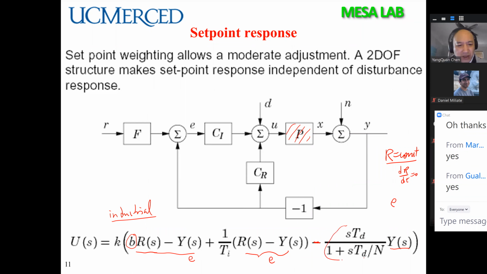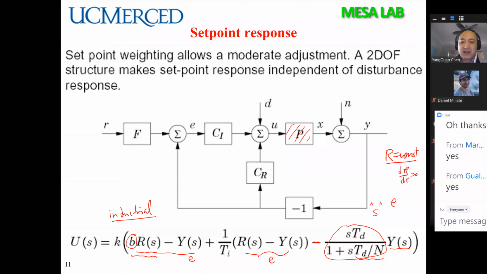Well, this one you recognize. This is the practical form of the differentiator, okay, with this practical low-pass filter here. This term is a little bit strange to all of us, but this is what industry people invented.